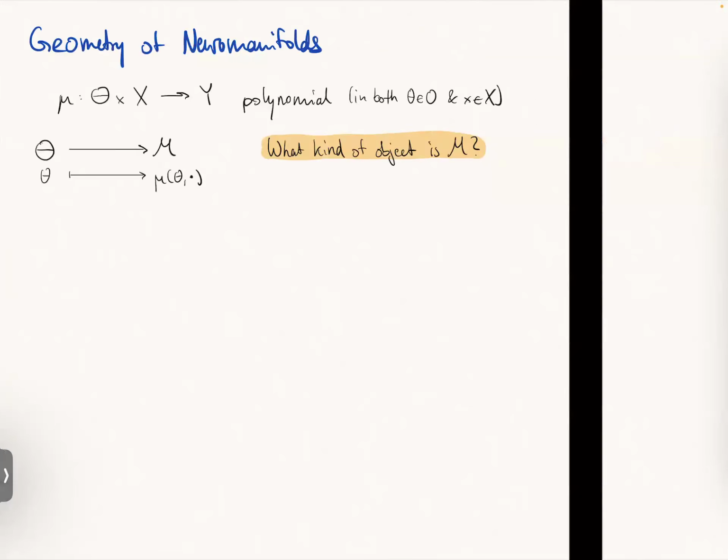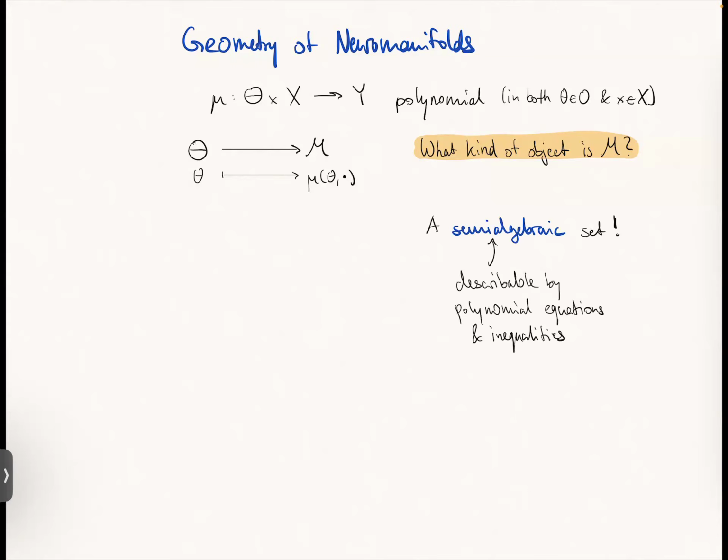So the neuromanifold lives in a finite dimensional vector space, and in that vector space, it is a semi-algebraic set, which means that in theory, I can send it to you via email, not just in this parametrized form by mu, but there are also implicit polynomial equations and polynomial inequalities that describe it. Of course, finding those is hard, but in principle possible.